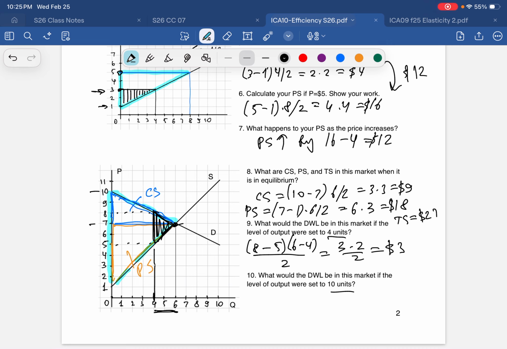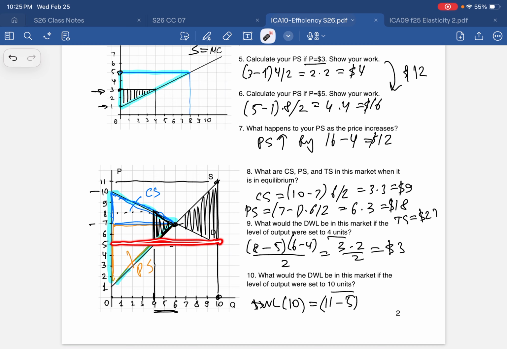Now deadweight loss at 10 units. So you draw a vertical line, and now you can see that that will be a deadweight loss in this case. So deadweight loss at 10 is 11 minus 5.